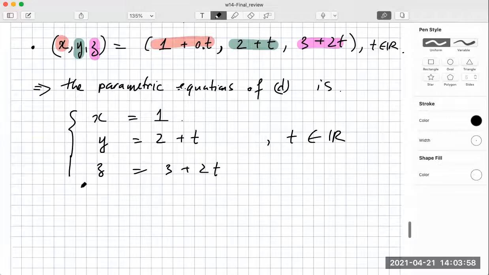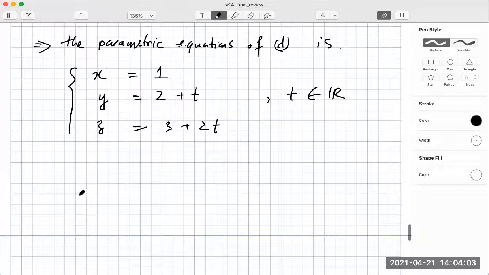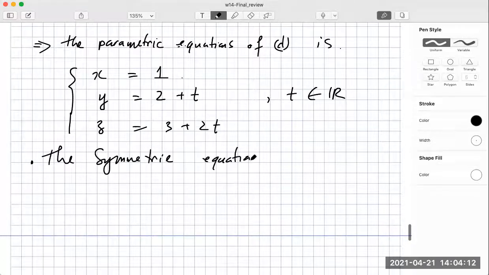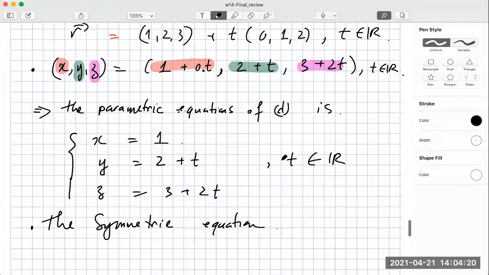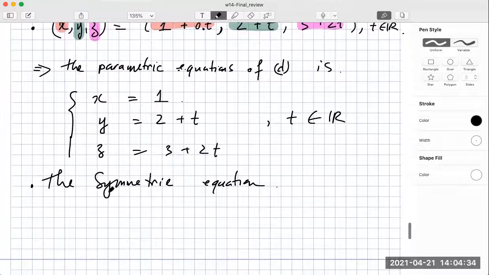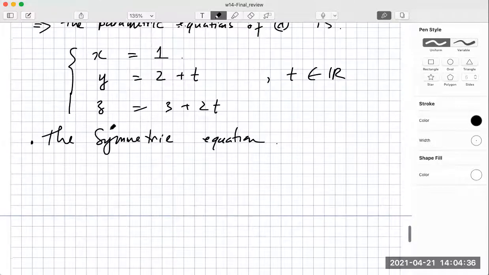And what is next? Symmetric equation. What is it? And if we solve for t, interesting. What do we have? Now, if we solve for t, right?